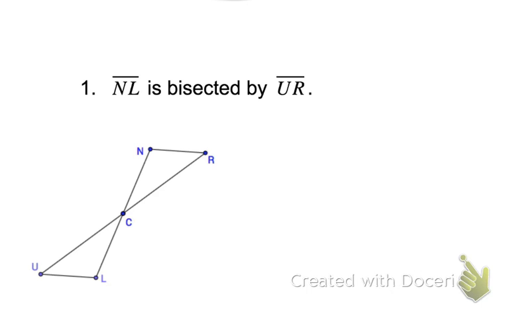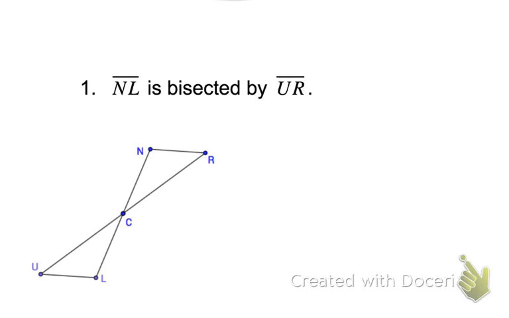You have to be really careful of the wording in this. So it says segment NL is bisected by UR. That means that UR is cutting NL in half.